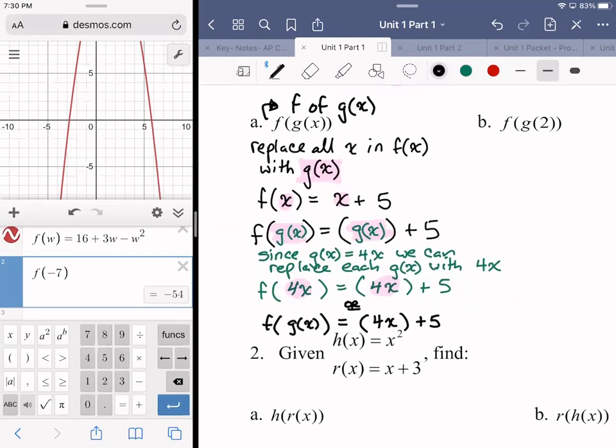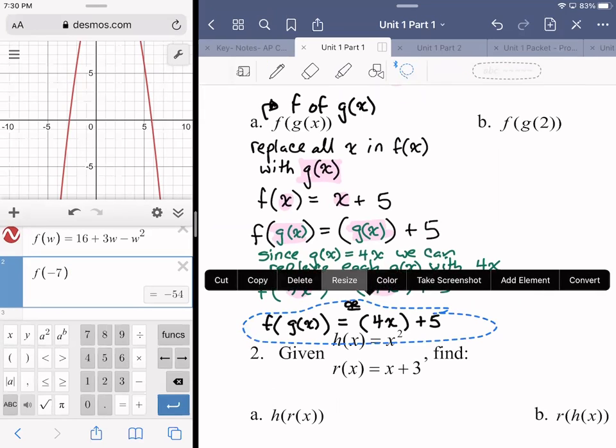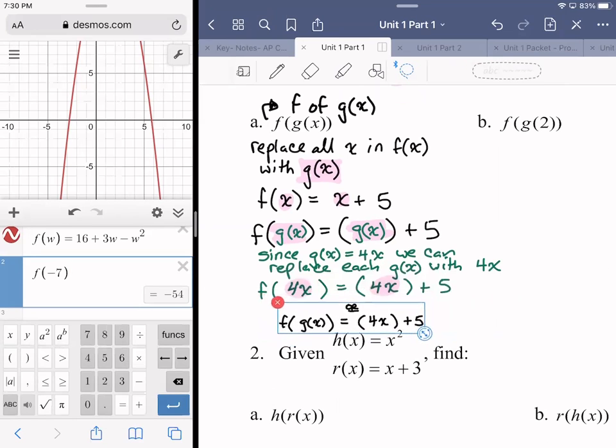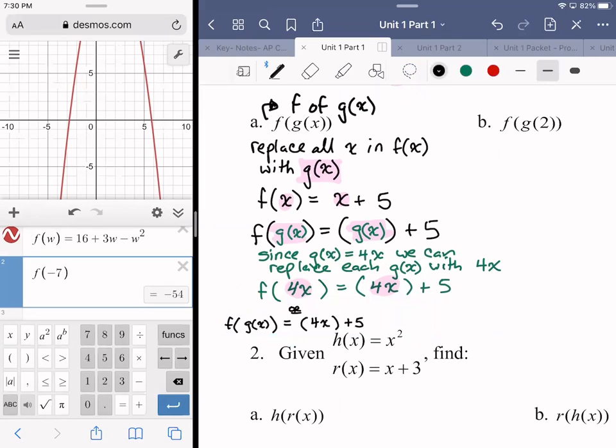All right. I could also write it in one other way. We could simplify too if we want, but I could also write it as f of 4x is equal to g of x plus 5. Right? They all mean the same thing.